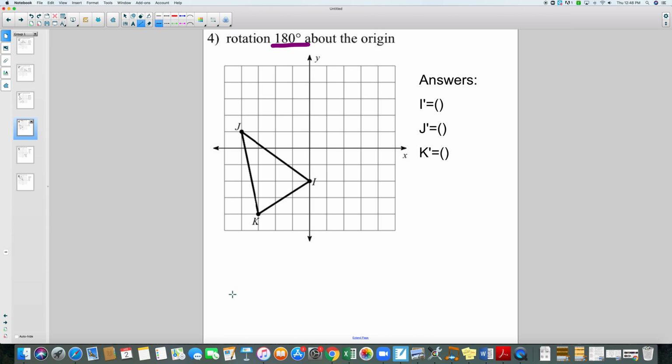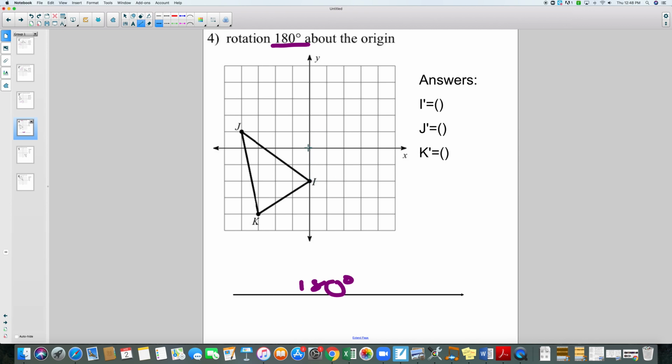A straight line is 180 degrees. So let's use this to our advantage.